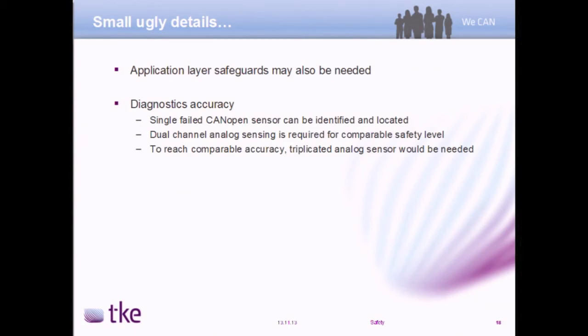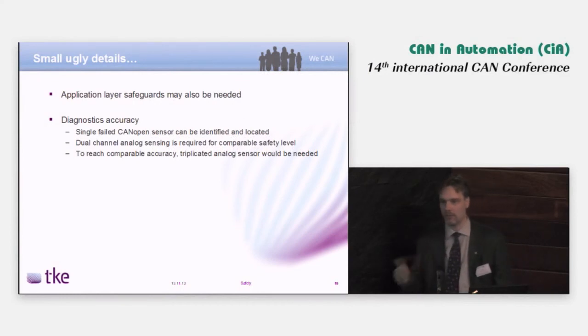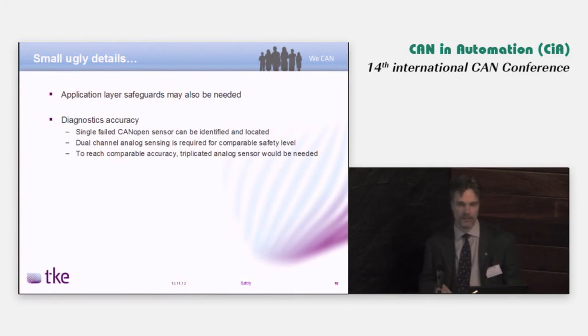If we have a two-channel system, we get information that we have some failure somewhere, but we need a 2 out of 3 mechanism to detect which one is failing. But in CANopen, based on a combination of PDO and heartbeat, we can distinguish between different kinds of failures. And if we have a single failure somewhere, we get quite exact location of that.